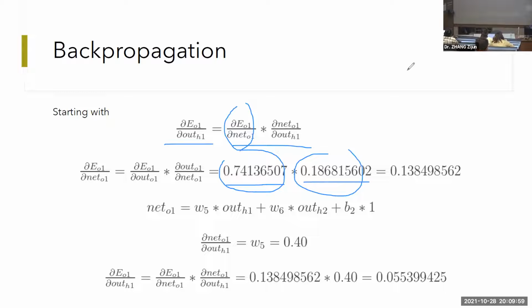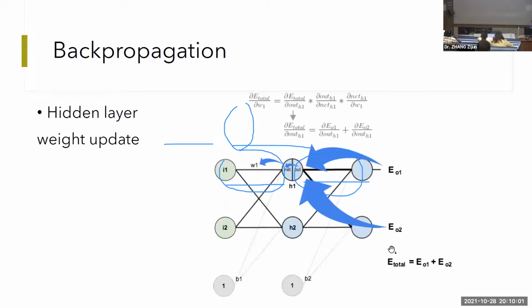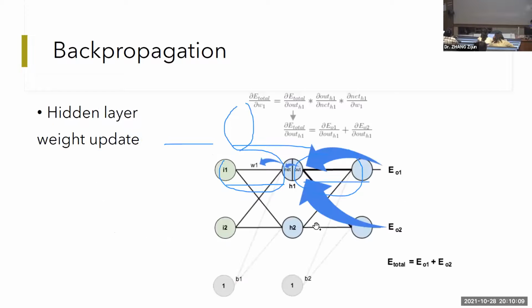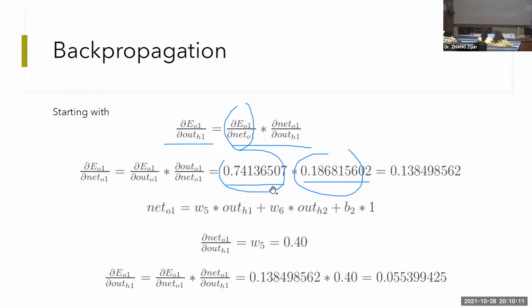I think that has been computed in previous slides. Yeah, 0.186 here and 0.741 here. The good news is you don't need to repeat the computation from 0, you can bring some of the previous results in.